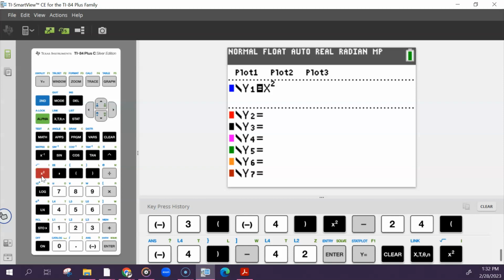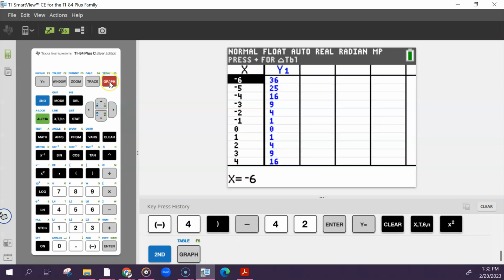So once you get that in, second graph. And I'm going to find the values from my table that I need, which was -2, -1, 1, and 2, which would be 4, 1, 1, 4. Really, once you know half of it, you know the other half because they have to be the same.